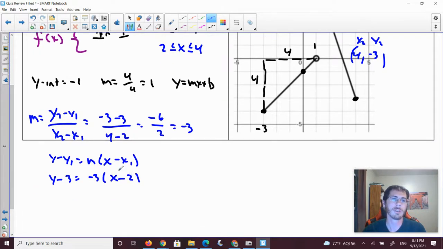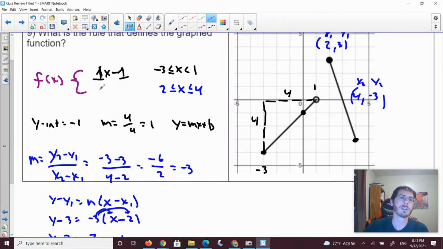Distributing this -3, y minus 3 equals -3x plus 6. Add 3 to both sides, and we end up with y equals -3x plus 9. Okay, so we have our thing over here, -3x plus 9. And then we're all set. We're actually done.